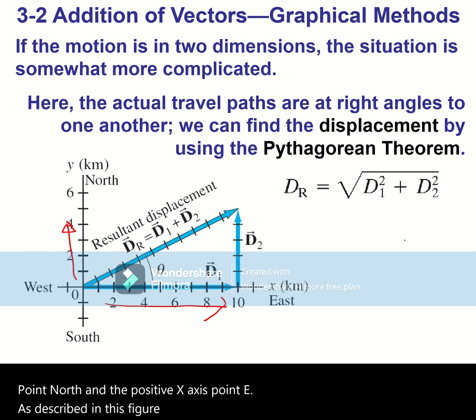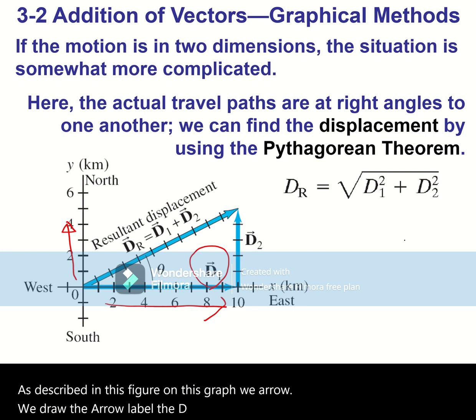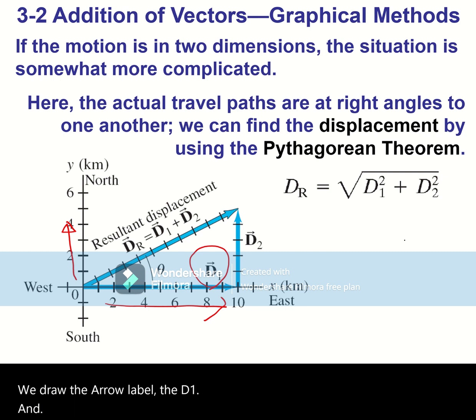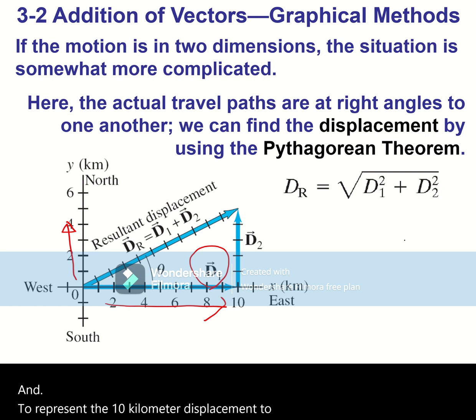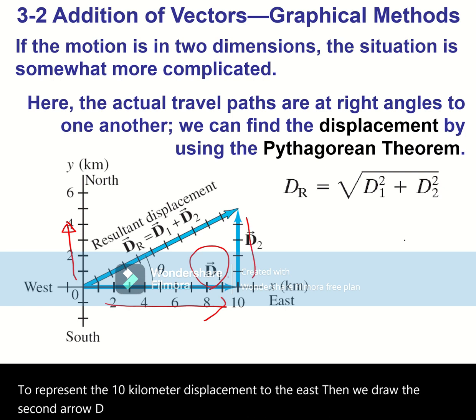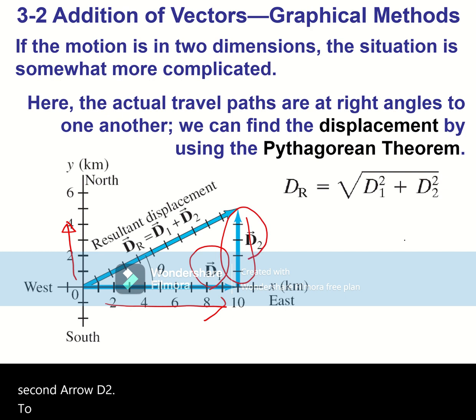On this graph, we draw the arrow labeled D1 to represent the 10 kilometer displacement to the east. Then we draw the second arrow D2 to represent the 5 kilometer displacement to the north.